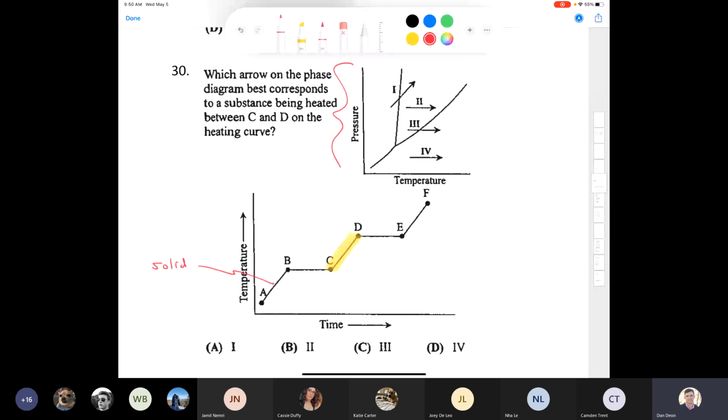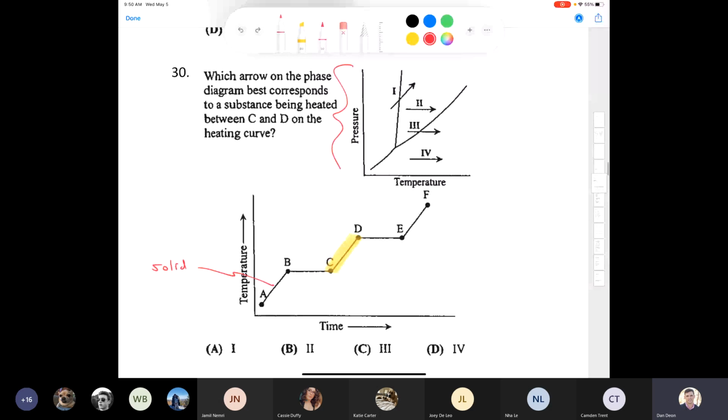You might wonder how you could increase the temperature of ice. Well, you can definitely do that. If you have ice at minus 50 degrees Celsius, it's frozen. If you have ice at minus 5 degrees Celsius, it's still frozen, but it's warmer. So you can warm up ice without melting it. So this is heating up a solid.